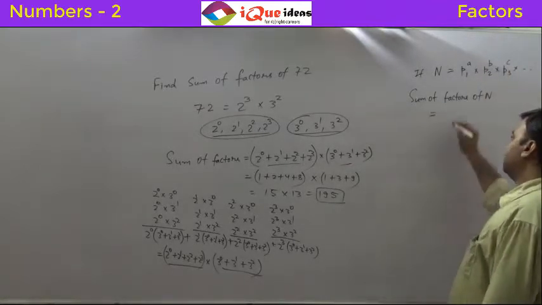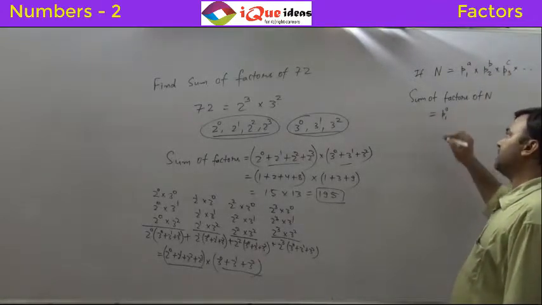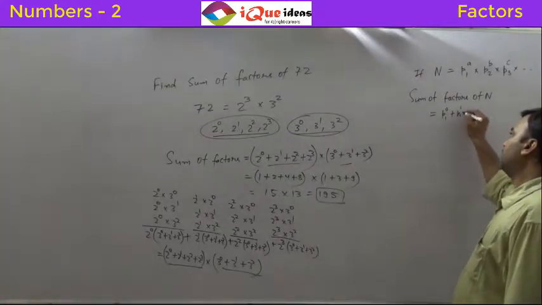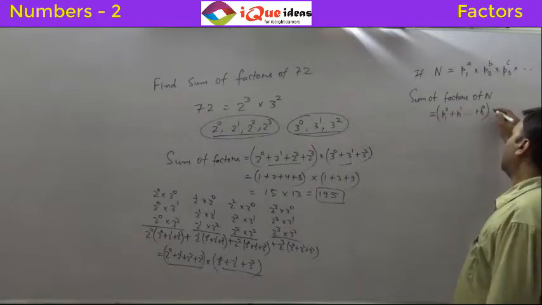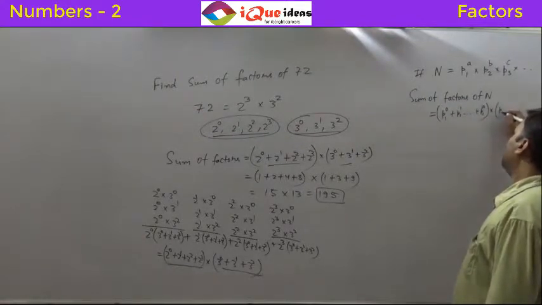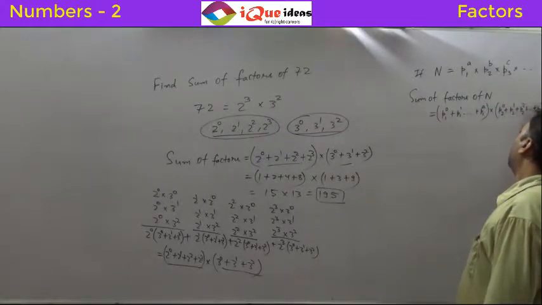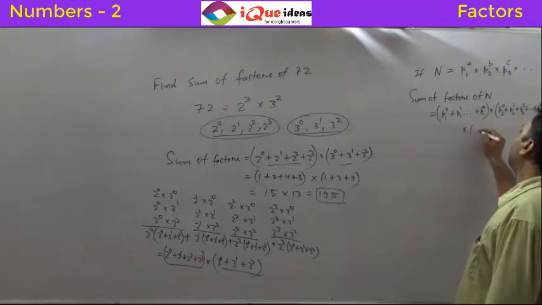For p1, you start from the first power of p1, that is p1 raised to 0, p1 raised to 1, go on up to the given power of p1, add all of them, multiply it by p2 raised to 0 plus p2 raised to 1 plus p2 raised to 2, go up to p2 to the power b, and do it for every other factor.